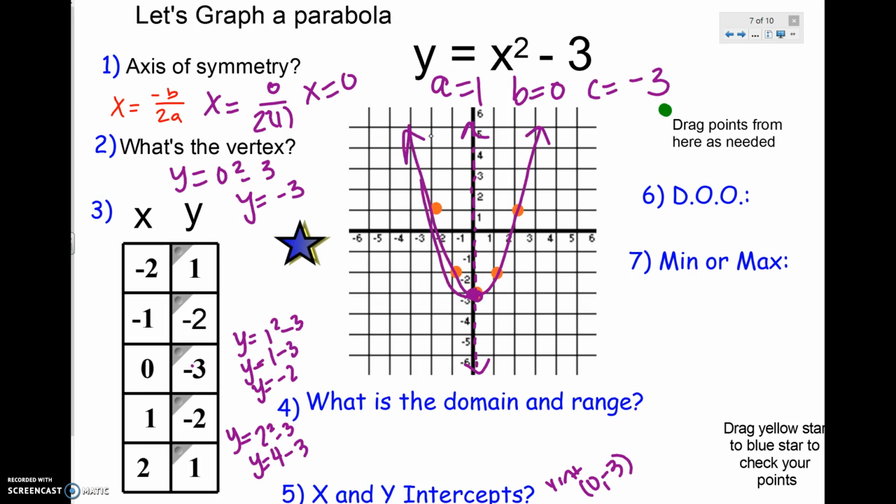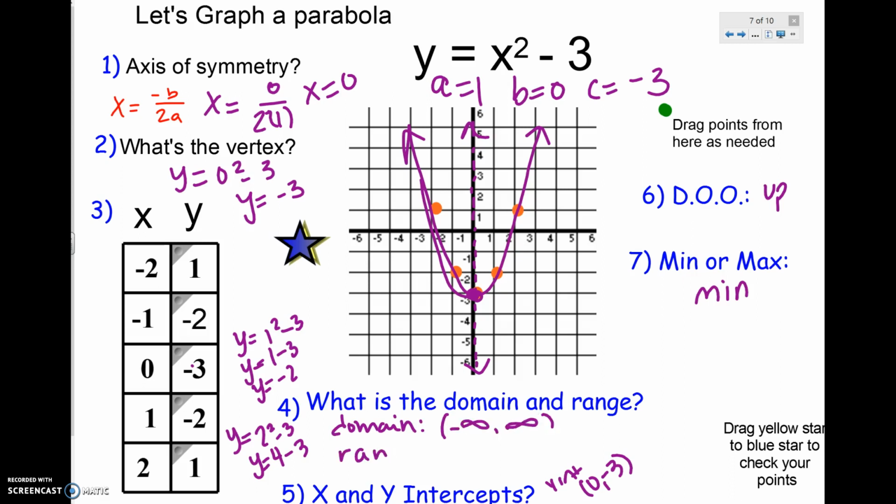I did forget to do these things. So my direction of opening is up. Since my A is positive, I do have a minimum because it's opening up, so I have a lowest point on the graph. And then don't forget your domain and range. Domain is always going to be -infinity to +infinity.